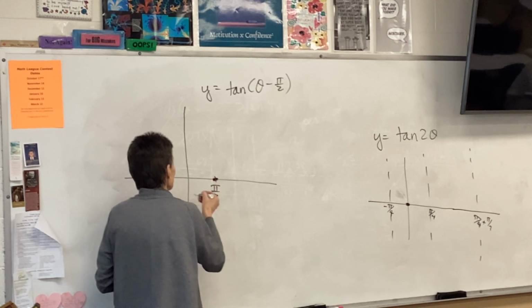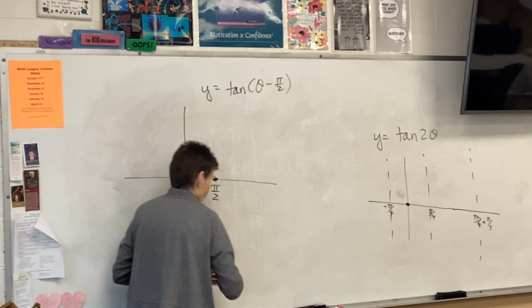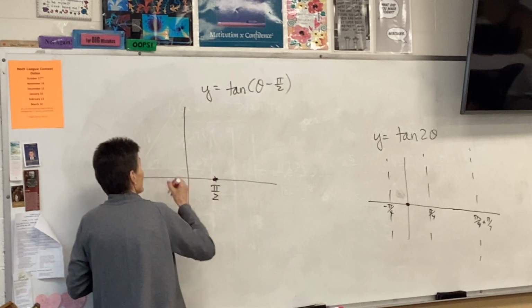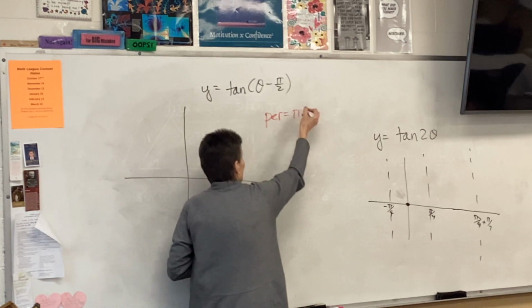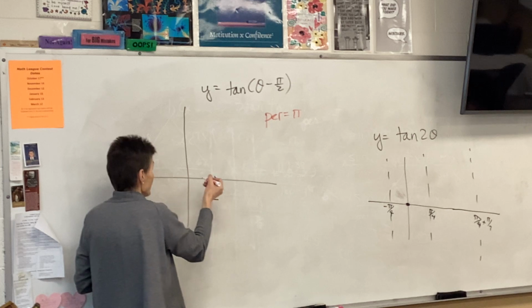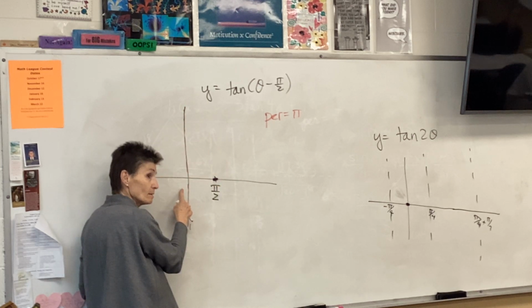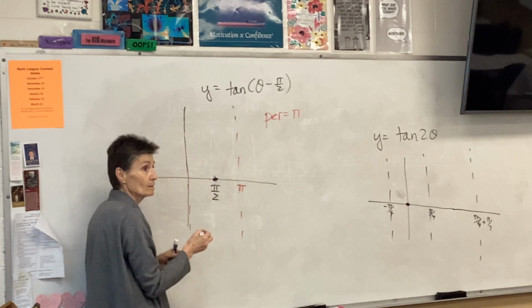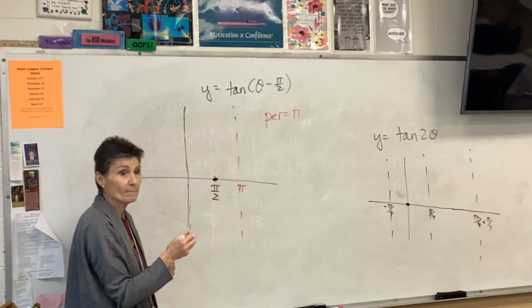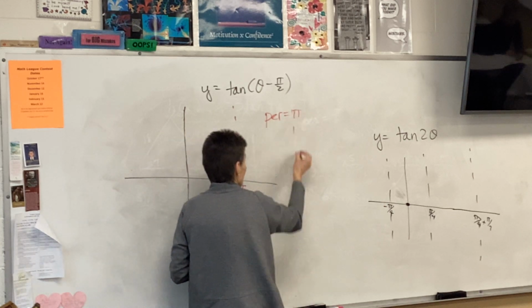Now, on either side of that, there's going to be an asymptote. What's the period of this guy? Pi. So where are the asymptotes going to be? They're going to be half a pi this way and half a pi this way. Would you agree with that? Now, where will the next one be?